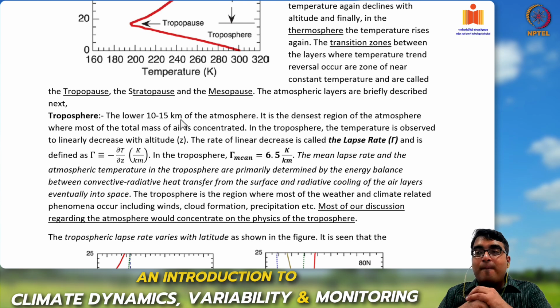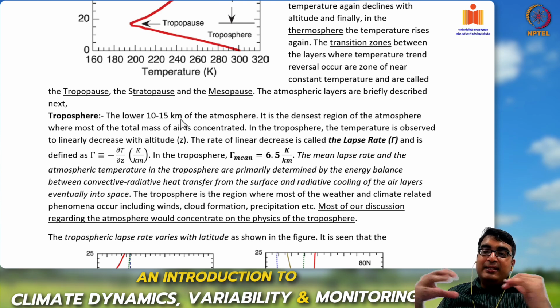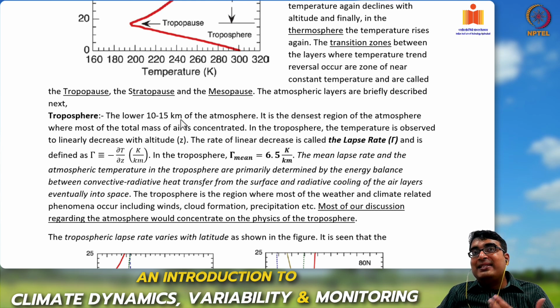Remember, air is a compressible gas, so the density of air is actually highest at the surface, and as we go up in altitude, the density of air decreases, and we say that air has become thin. This is the reason why mountaineers have difficulty breathing and have to carry oxygen cylinders, because the air has become so light, so less dense with altitude, that not enough oxygen gets into our lungs at those high altitudes.